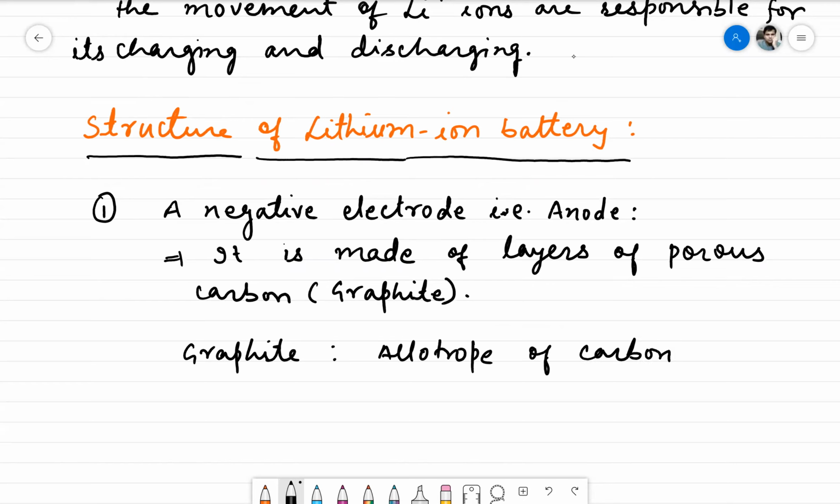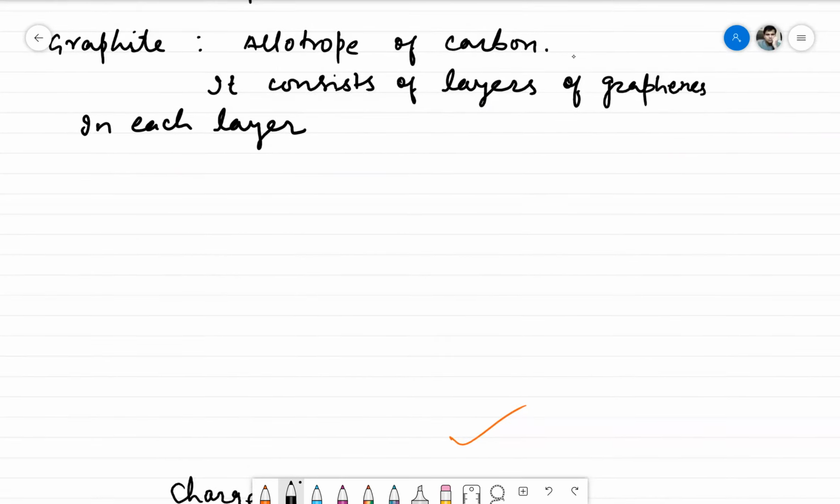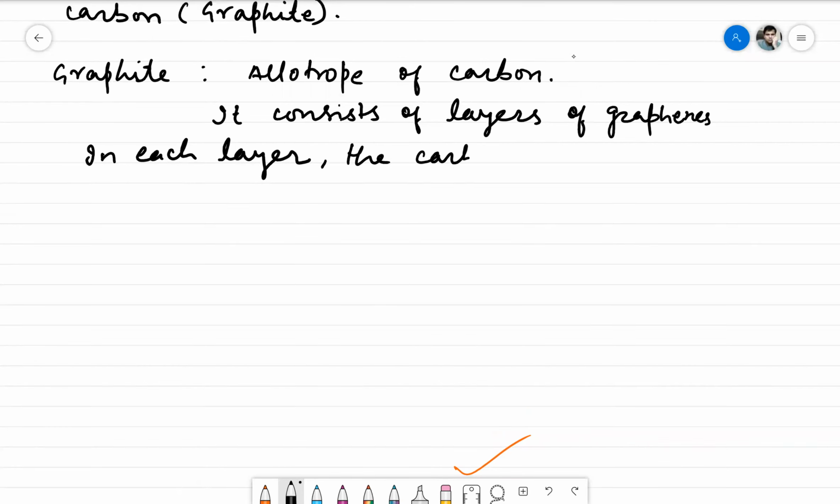And it consists of layers of graphenes, and in each layer the carbon atoms are arranged in a honeycomb lattice.